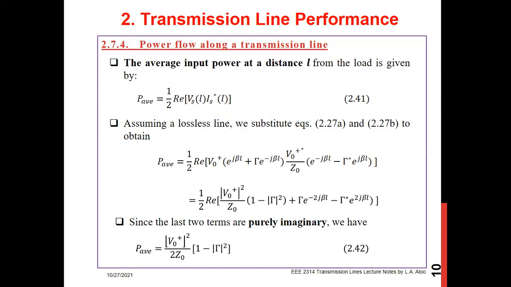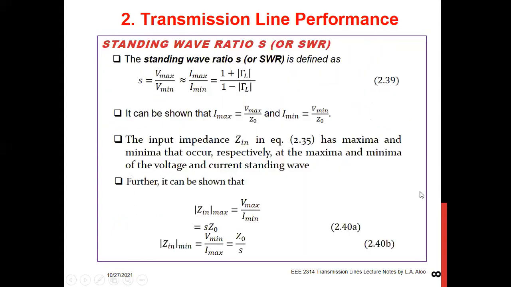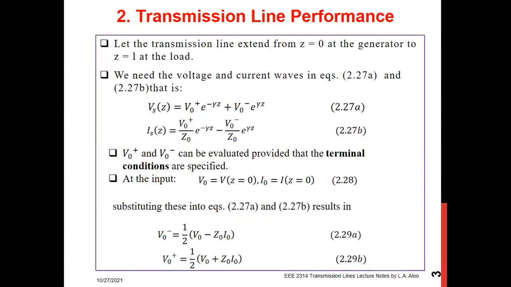So let's go to equation 2.27 just for a quick reminder. This is equation 2.27A, and this is equation 2.27B. This is for the voltage phasor, this is for the current phasor. You can replace Z with L. If you replace Z with L, you will have L here, L here, L here, L here.